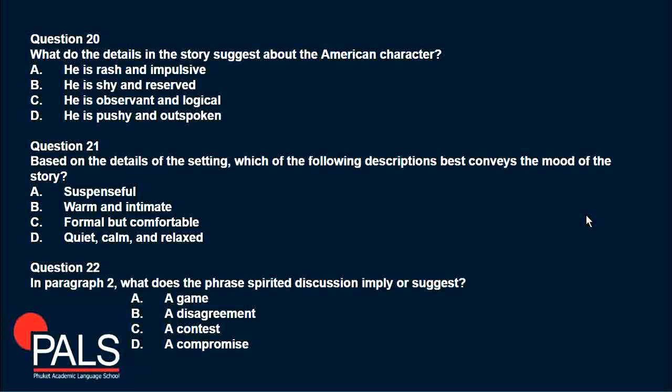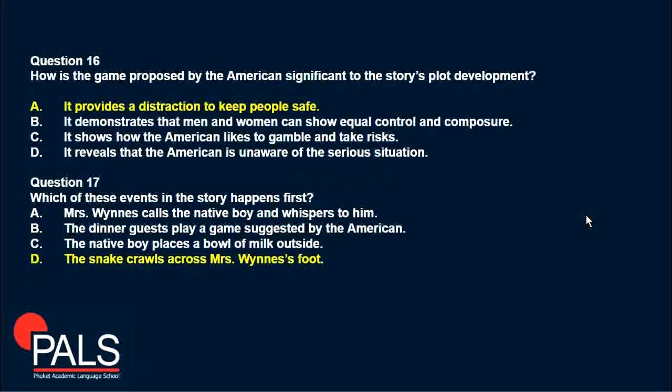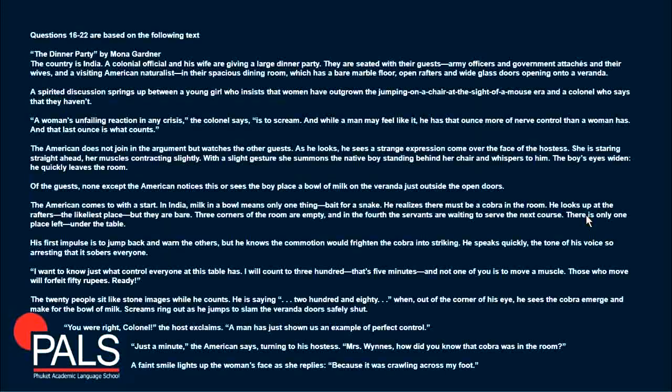Okay, now let me just show first paragraph 2 in the passage. You can pause and then you can take a look at this particular vocabulary here, spirited discussion.